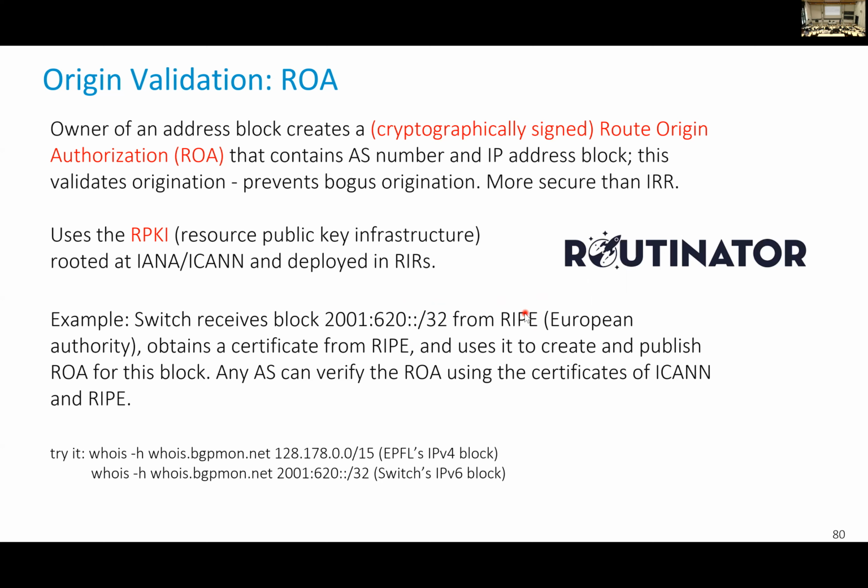So this is known by RIPE, who delegated, in fact, to EPFL this block, and RIPE is known by ICANN. Therefore, it is possible to sign a certificate that certifies that this prefix belongs to EPFL. So the certificate is signed by RIPE, and the signature of RIPE can be verified by looking into ICANN. Very similar to what we discussed when we talked about TLS.